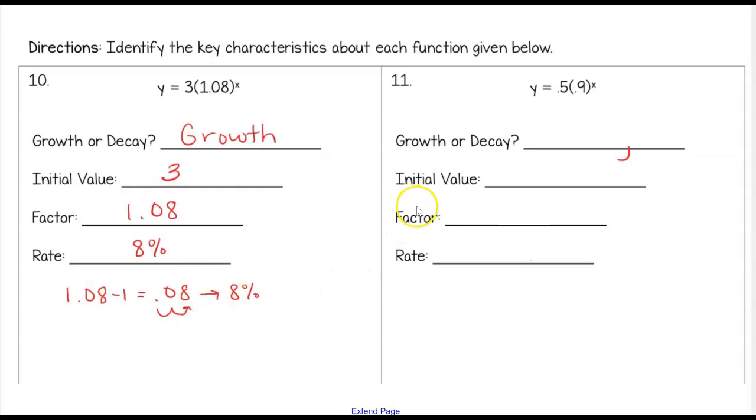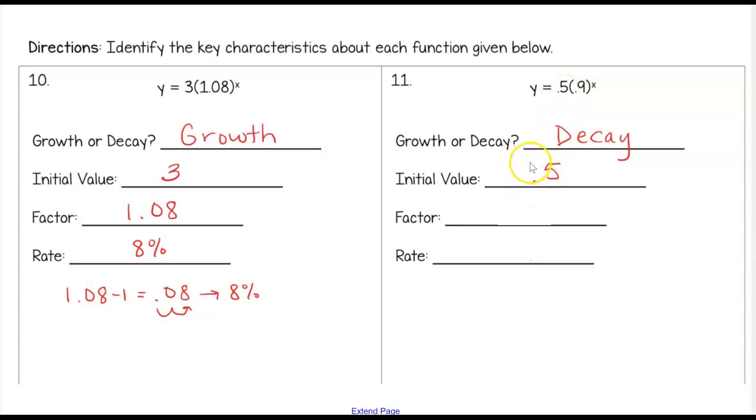Take a look at number 11 and see if you can find if it's growth or decay. Because it is 0.9 here, and that's between 0 and 1, this is decay. See if you can find the initial value. The initial value is going to be 0.5. That's the first number here, 0.5.